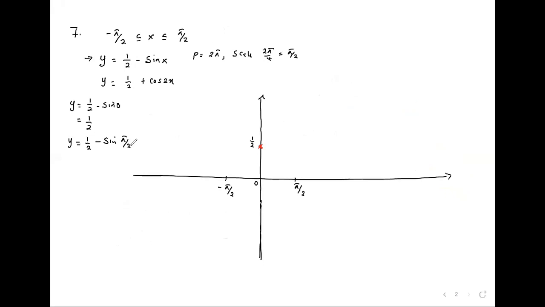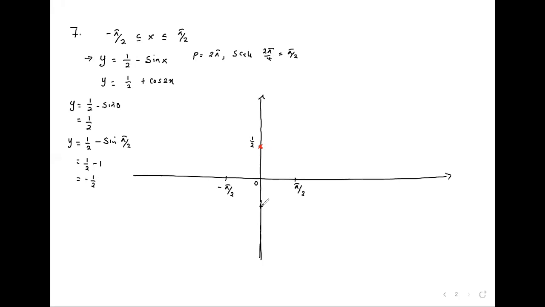There's a question from Chola. No, sir, it's fine. Okay, so sine 90 is 1, so we get half minus 1, which is negative half.